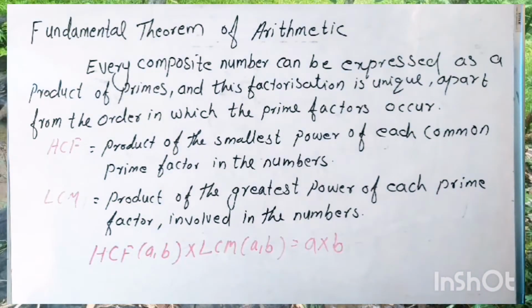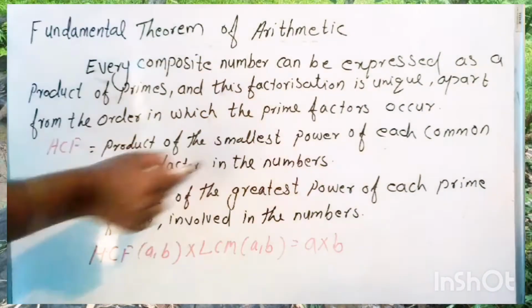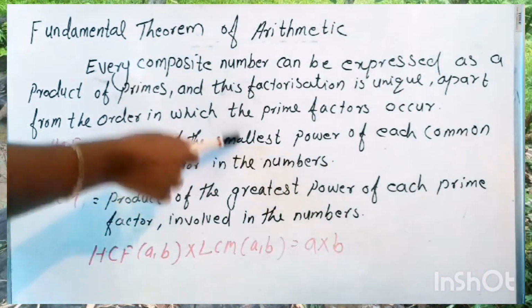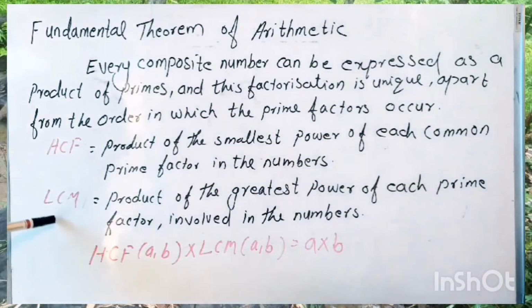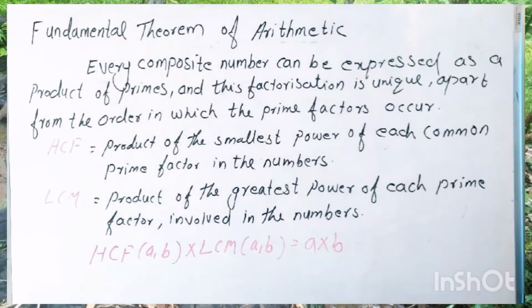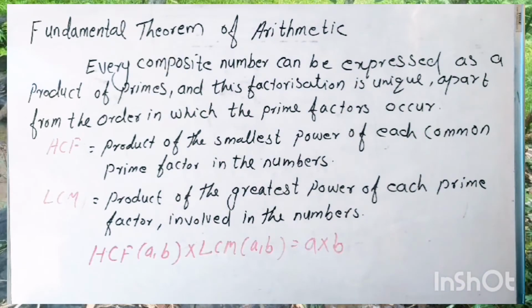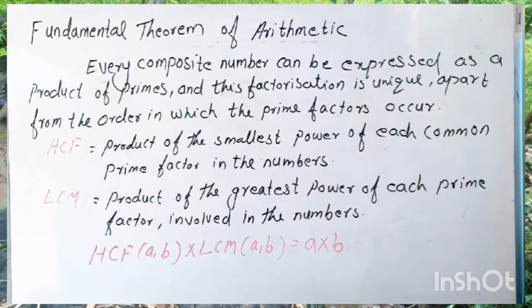The difference between HCF and LCM from prime factorization is that in HCF we write only the common prime factors and the smallest power, but in LCM we write all the prime numbers involved in that prime factorization, and we write the greatest power.